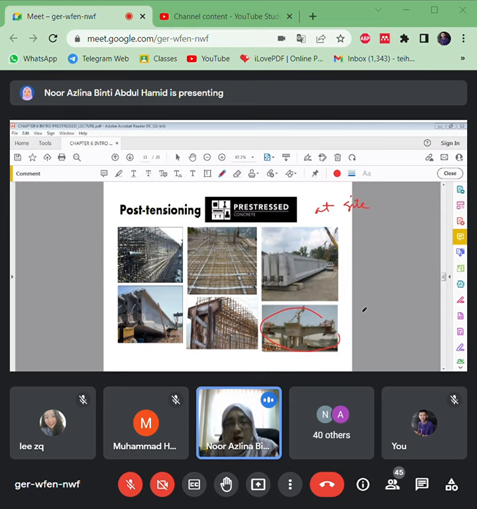But at the same time, post-tension is more costly, because we have to provide all of these tubes, all of these ductings, that need to be inserted in the reinforced concrete, compared to pre-tension.